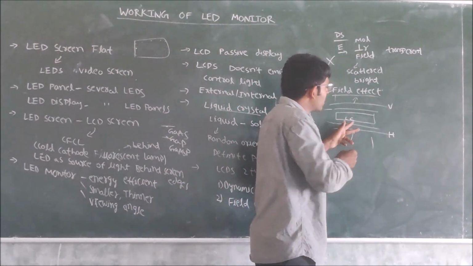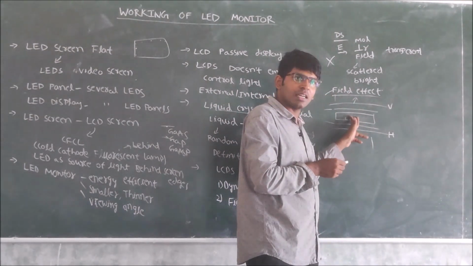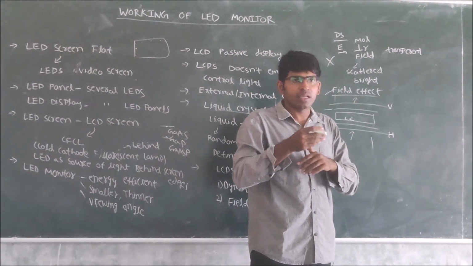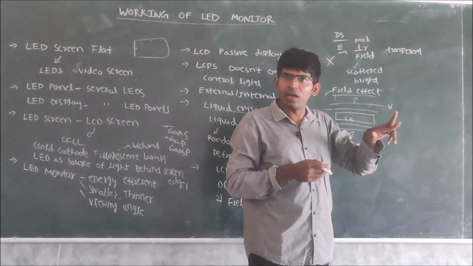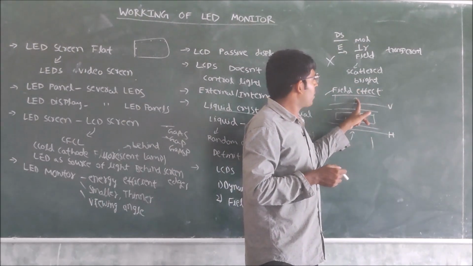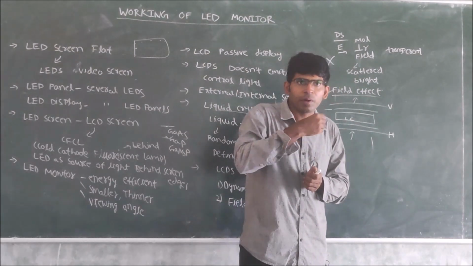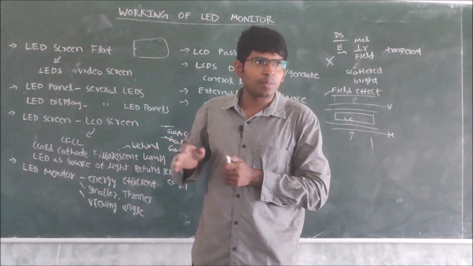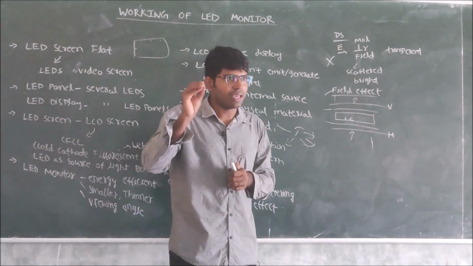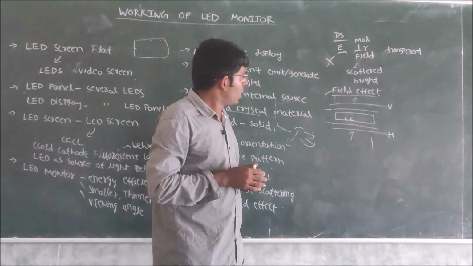When it passes through the horizontal filter, after that when we apply the electric field, this electric field to the liquid crystal makes the direction change from horizontal to vertical. It will rotate, and after that whatever light we see will pass through the vertical filter. This is how we will see the information on the LCD screen.